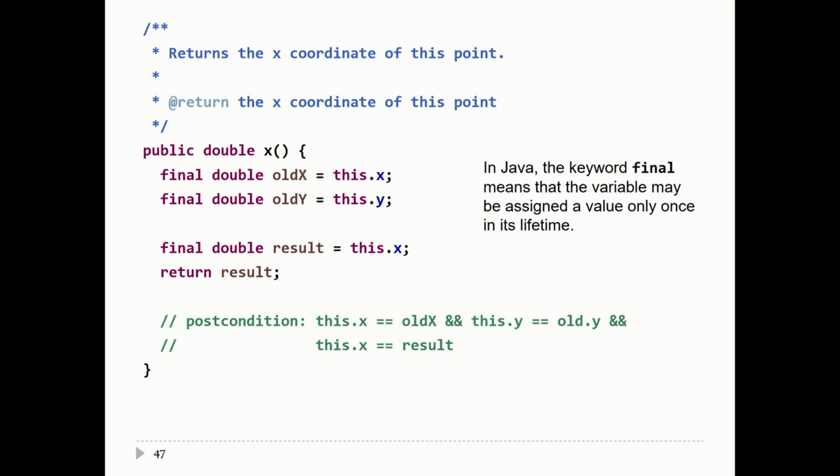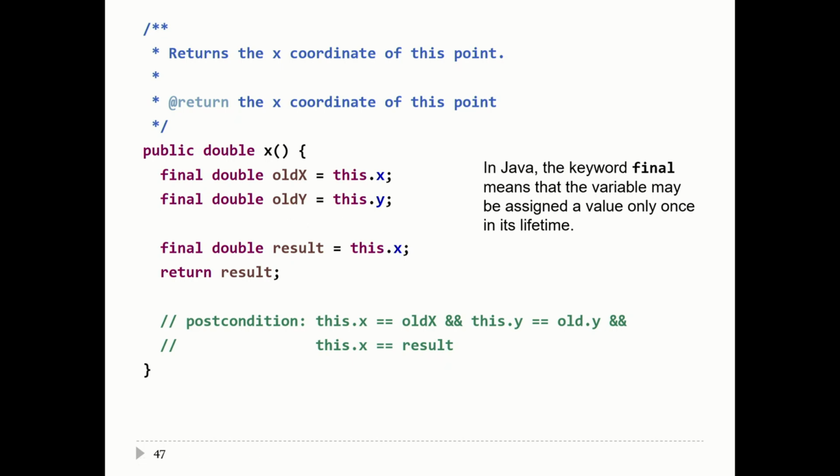If I want to write this postcondition out in Java, you have to do something similar to the following. So my method x now changes. The first thing I do is make a final variable called old x, and I set its value to this x. Now remember what final does: once I assign a value to old x, I can't change it. So old x is the x coordinate of the point when we call the method.